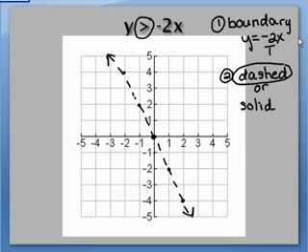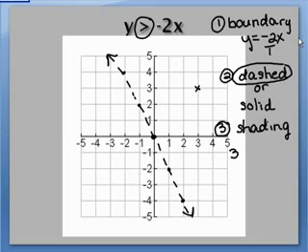And then the last step, the third step, is to decide where the shading goes. Do we shade above or below? So we do a test point. Well, I can't use 0, 0 because it goes right through the boundary. Let's take the point 3, 3. So we go back to the inequality. Both the x and the y are 3. So we substitute in.